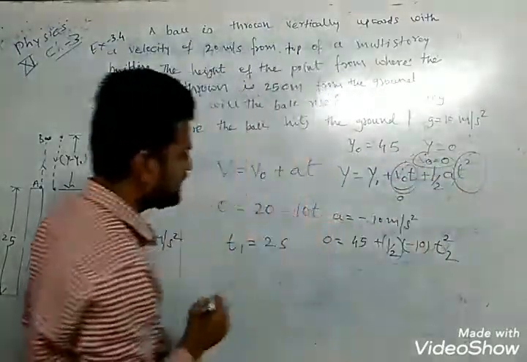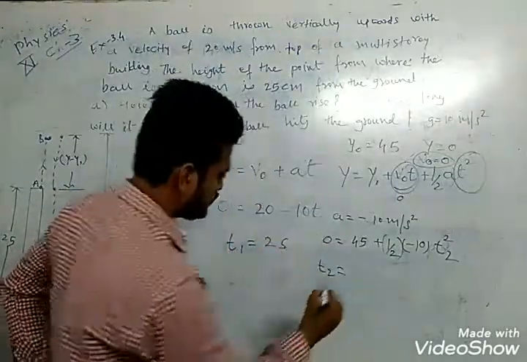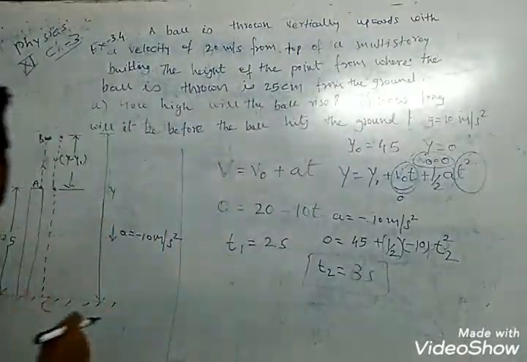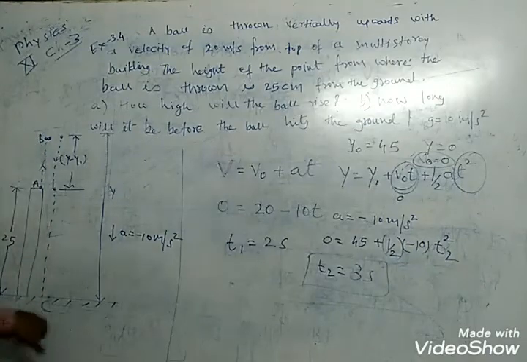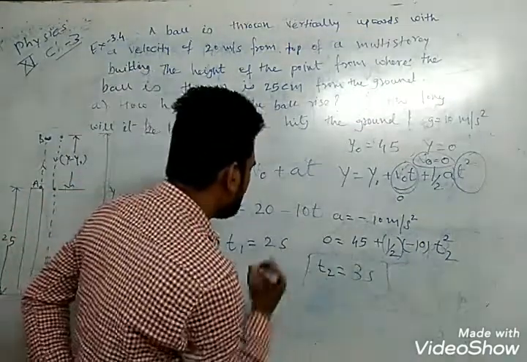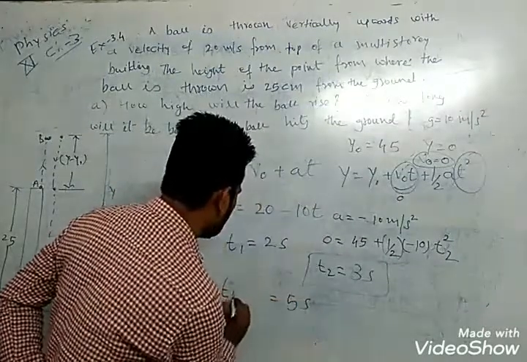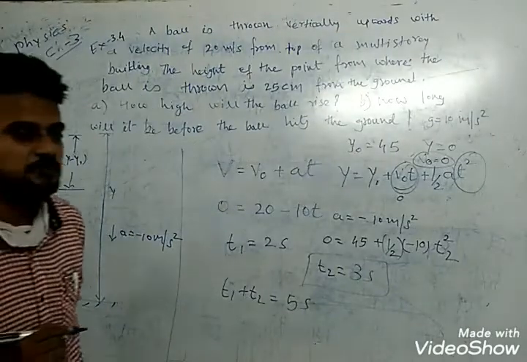So the final answer is T2 equal to 3 seconds. The total time from A to B and B to C is T1 plus T2, which means 5 seconds.